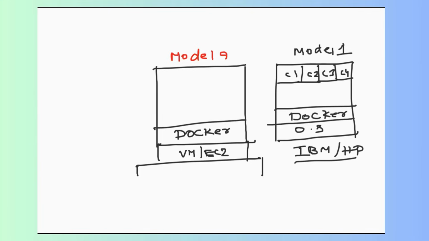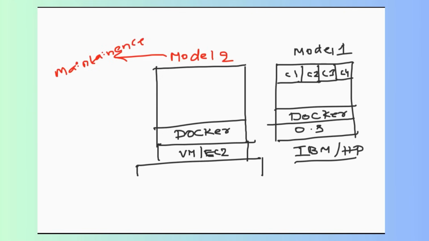Why? Because when you are maintaining your own physical servers, there is a lot of maintenance overhead. There has to be a dedicated team who maintains these physical servers. Whenever there are new patches or new security fixes, you have to maintain your data center, so you need system administrators.